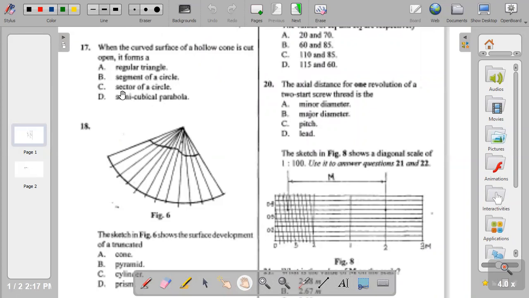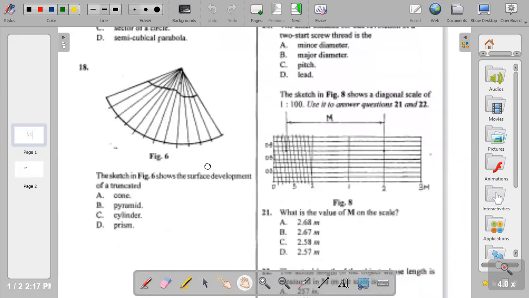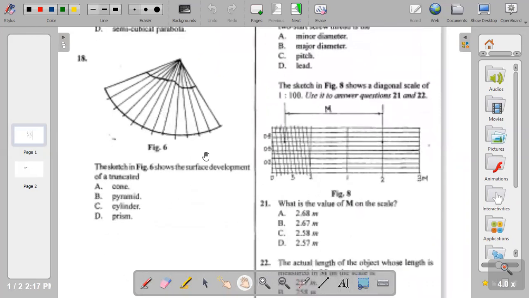So you have sector of a circle. Answer to question 17 is C. Question 18. The sketch in figure 6 shows the development of a truncated A, cone, B, pyramid, C, cylinder, D, prism. The answer to question 18 is truncated cone.